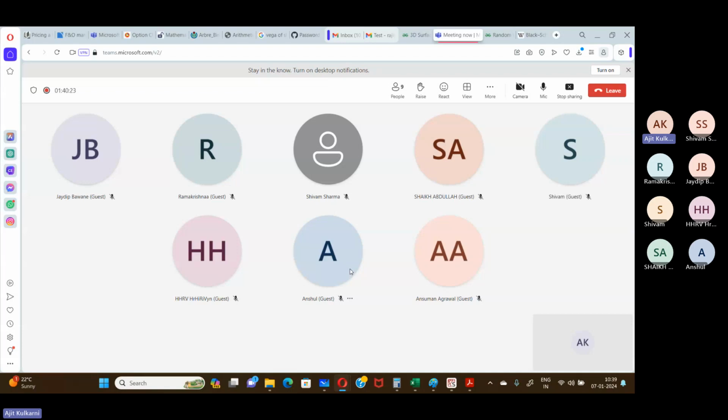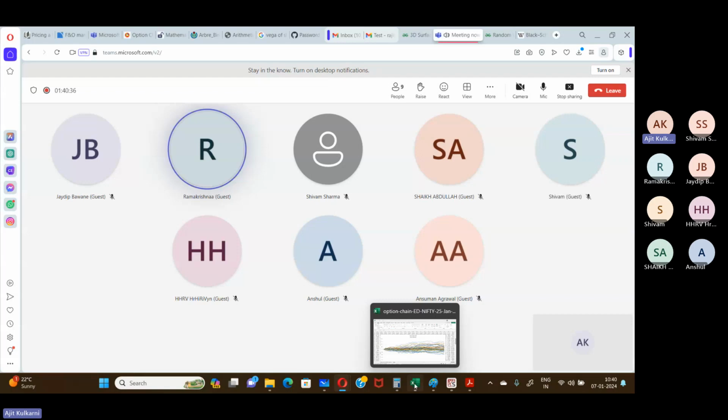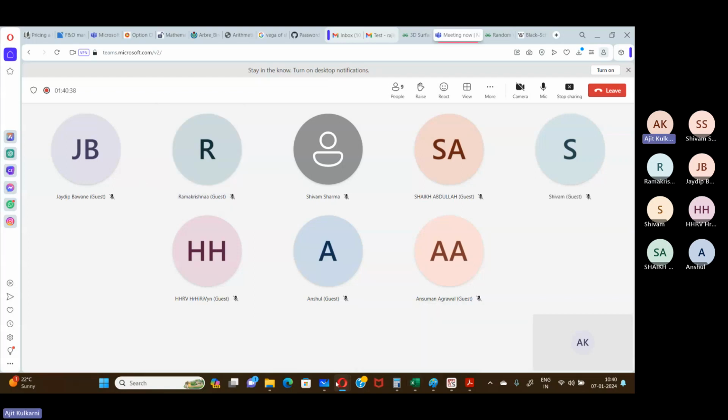Jaydeep, Ramkrishna, Shivam Verma, any questions? Sheikh? No, sir. So now you'll be able to price an option using these 3 methods, or you have doubt as to how to do it? If something is unclear, you can let me know. You'd be able to price an option now?